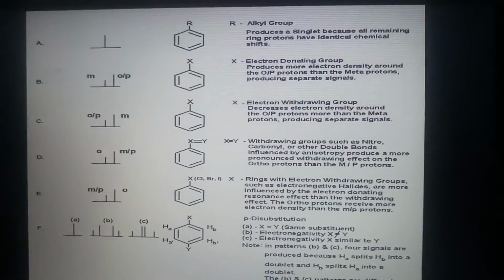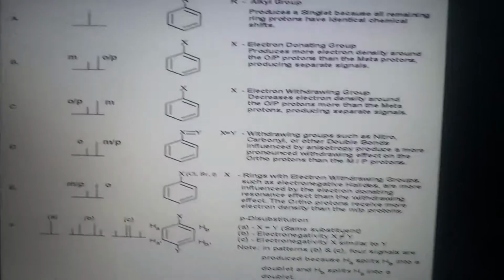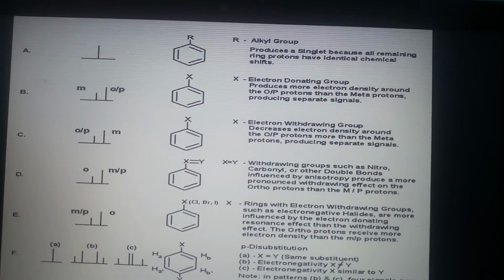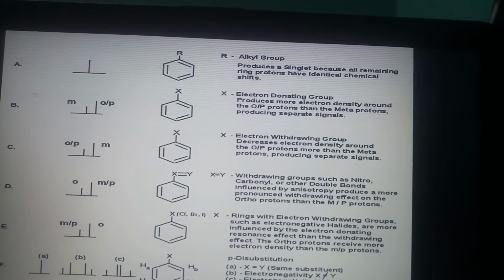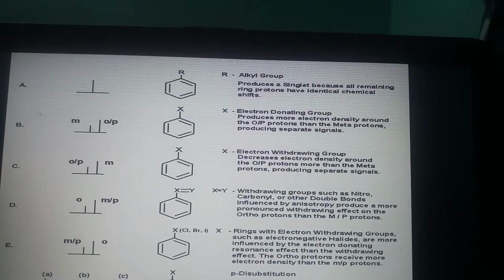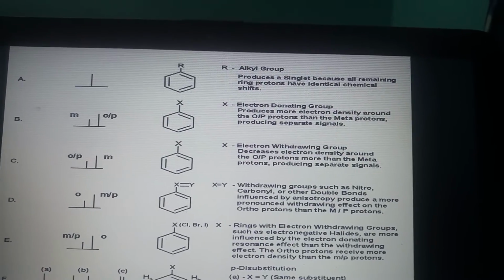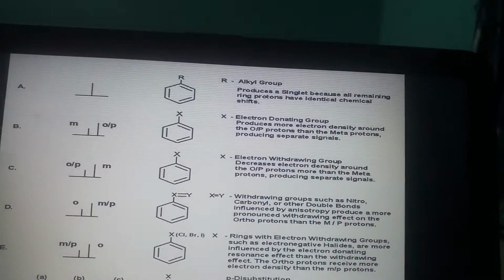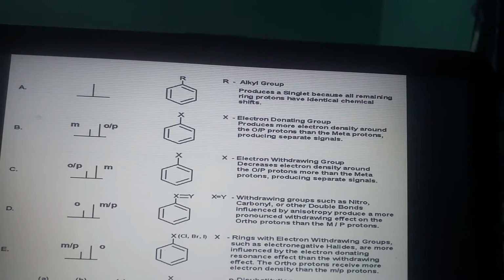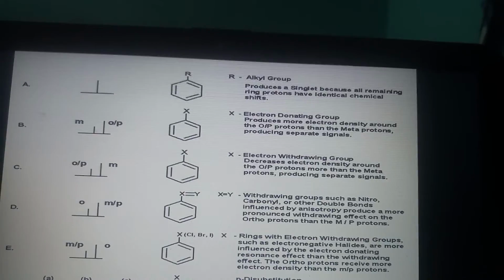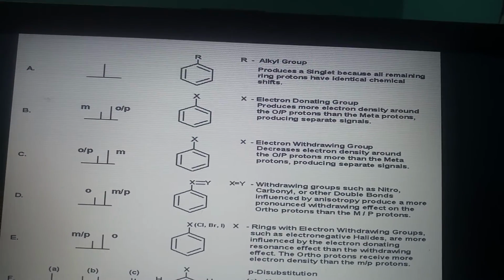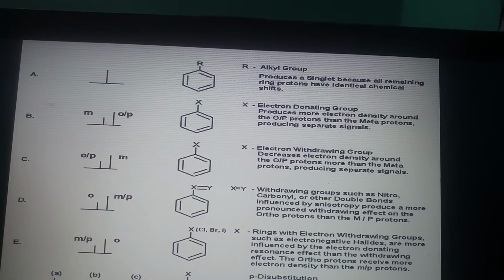And finally, the graph, you can see if R is an alkyl group, it will produce a singlet because all remaining ring protons have identical chemical shift. Here, if X is an electron donating group, it will produce more electron density around the ortho and para protons than the meta protons, producing separate signals.